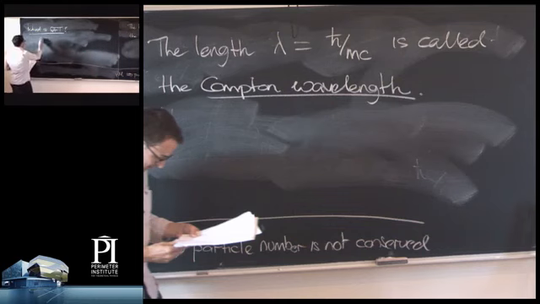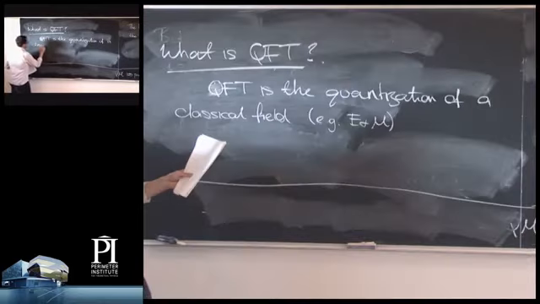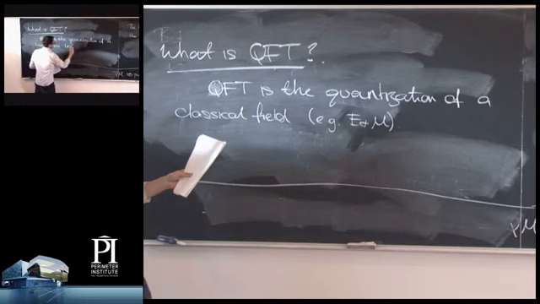Okay, so quantum field theory is the quantization of a classical field. A good example of a field to keep in the back of your mind are the electric and magnetic fields, in classical electromagnetism.